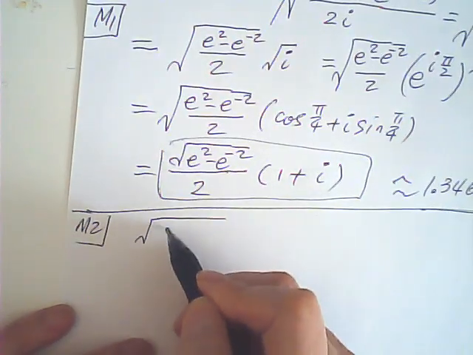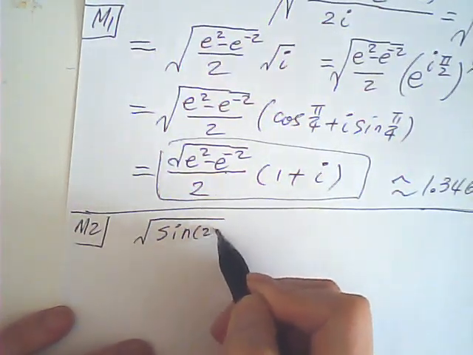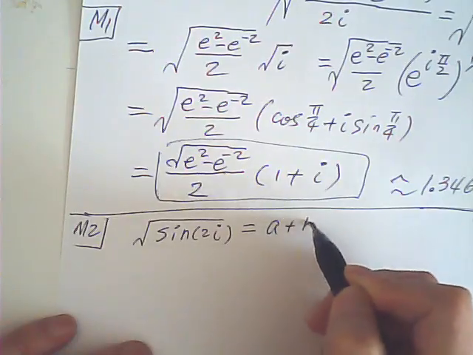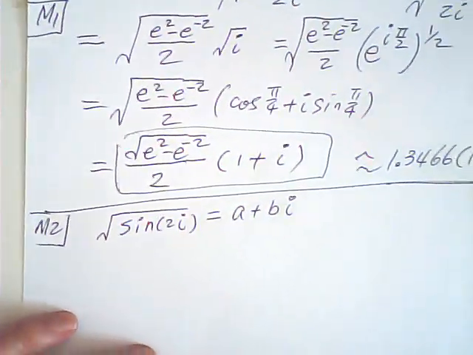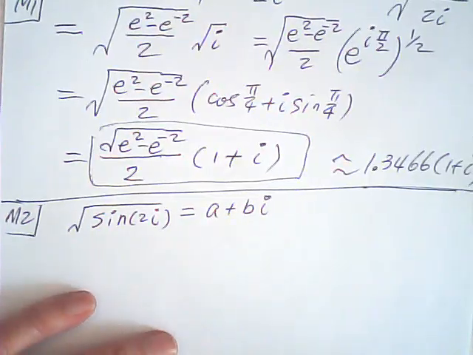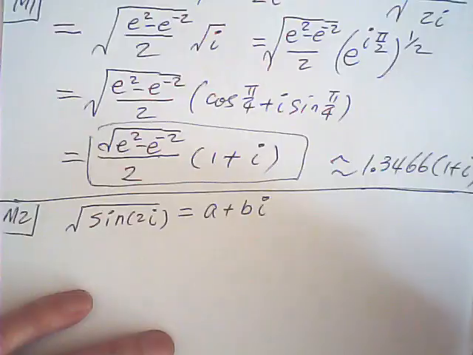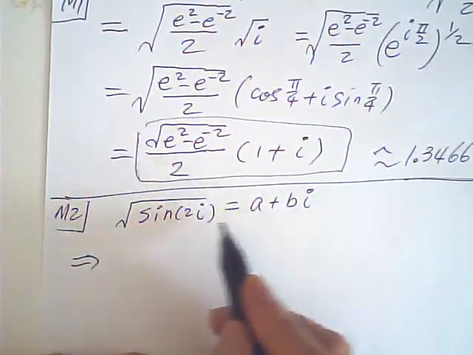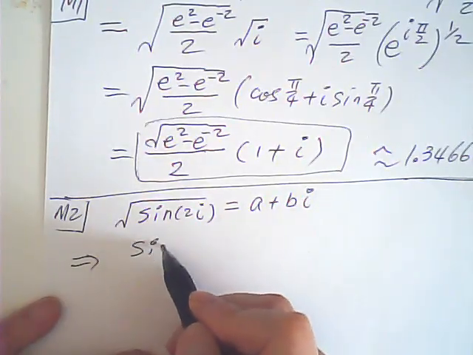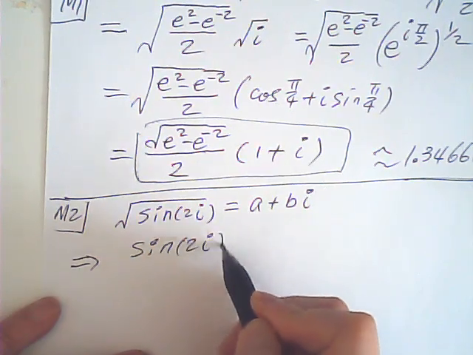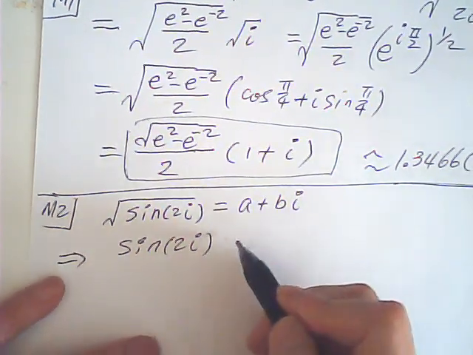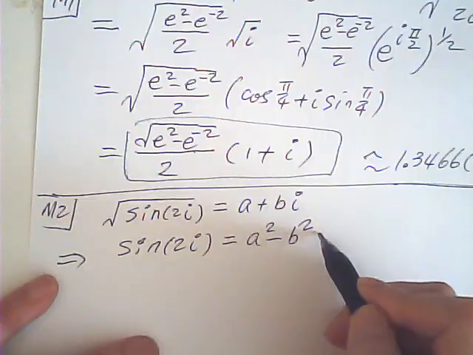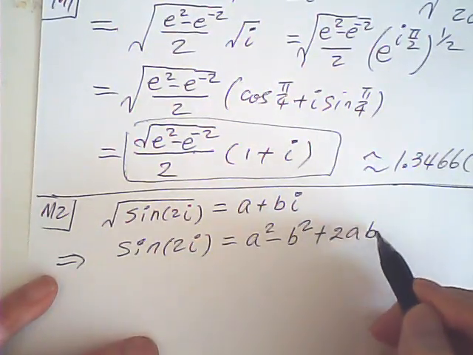I let this sine 2i be a complex number, a plus bi. Therefore, squaring both sides, sine 2i is equal to a squared minus b squared, right, plus 2abi.